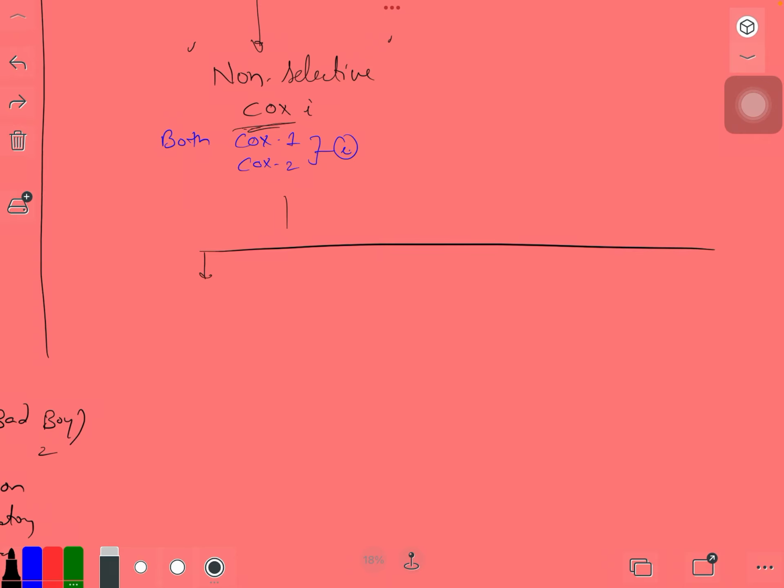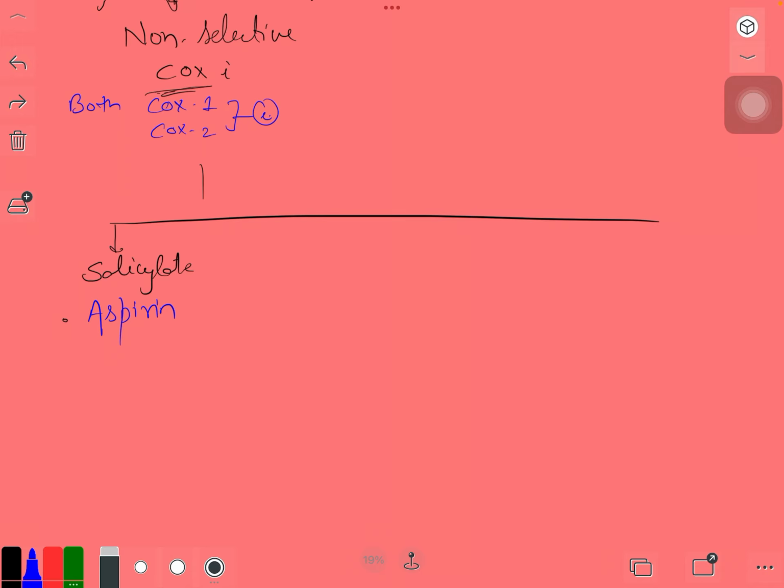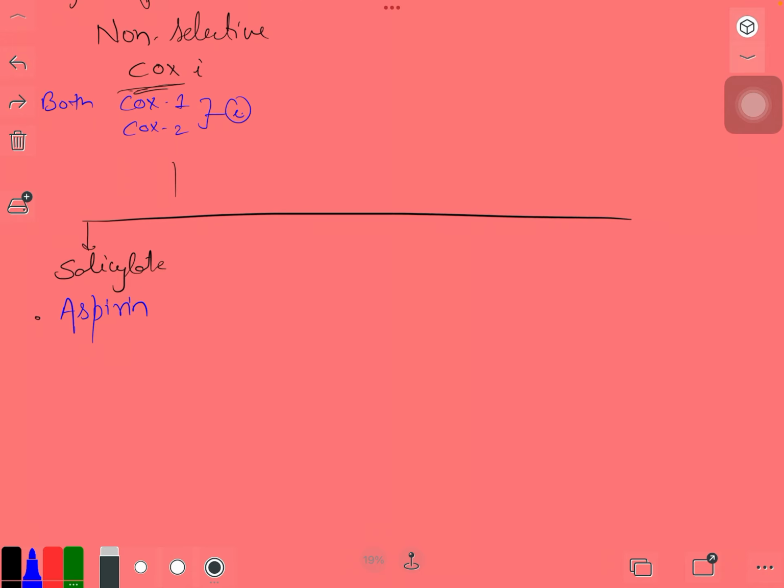So let's start from here. First group is the salicylate group, and the most common one that we know is aspirin, disprin, ecosprin. There are different examples of aspirin. The second one is the propionic acid derivative.